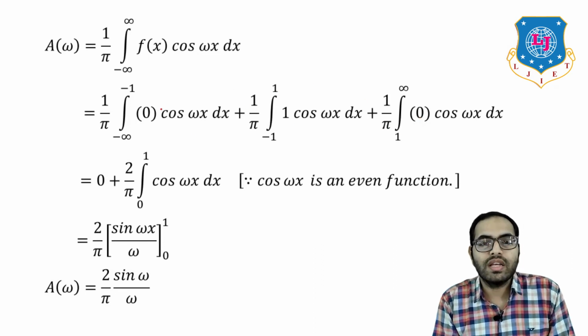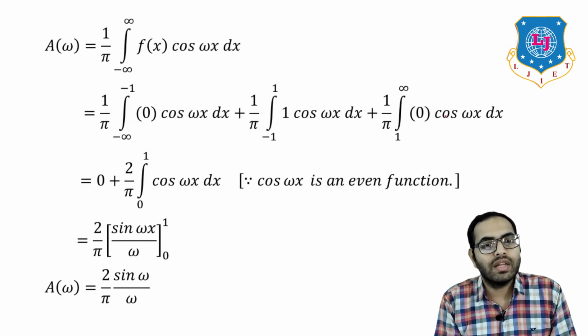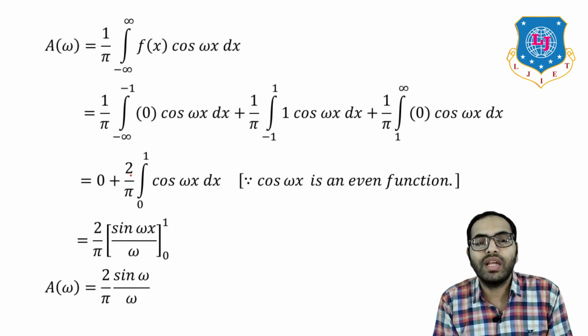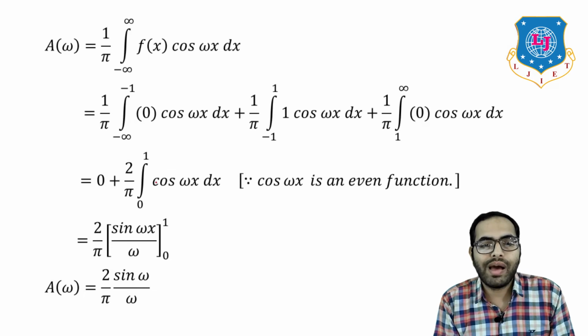These are the split limits. Then the first and last terms become 0 because 0 into anything is 0. In the middle term from minus 1 to 1, cos is an even function, so we multiply by 2 and take half the limits: 2 by pi integral 0 to 1 cos omega x dx.